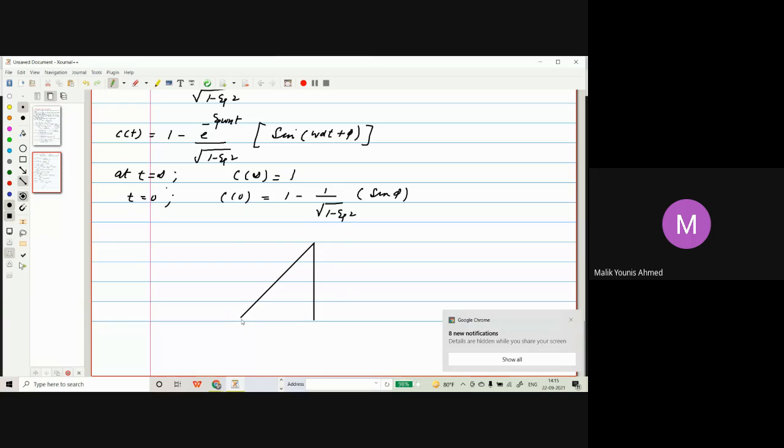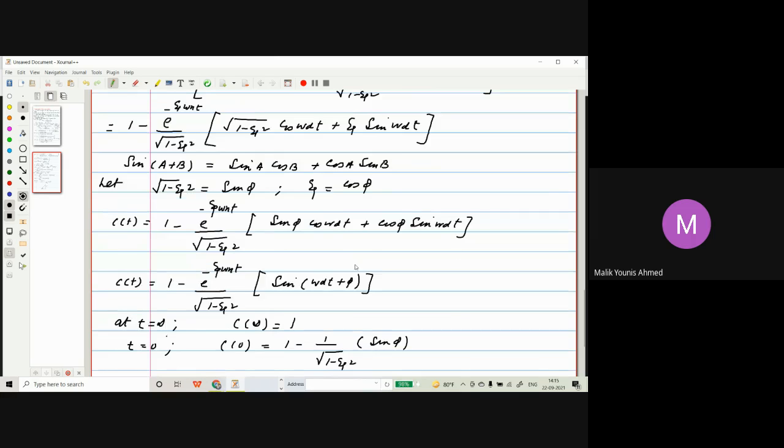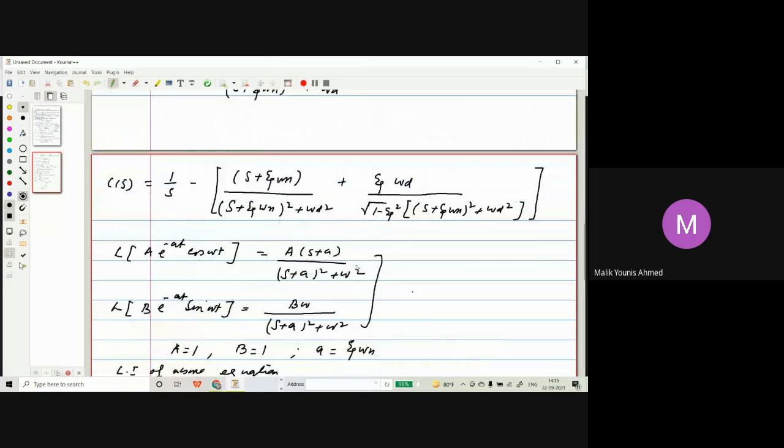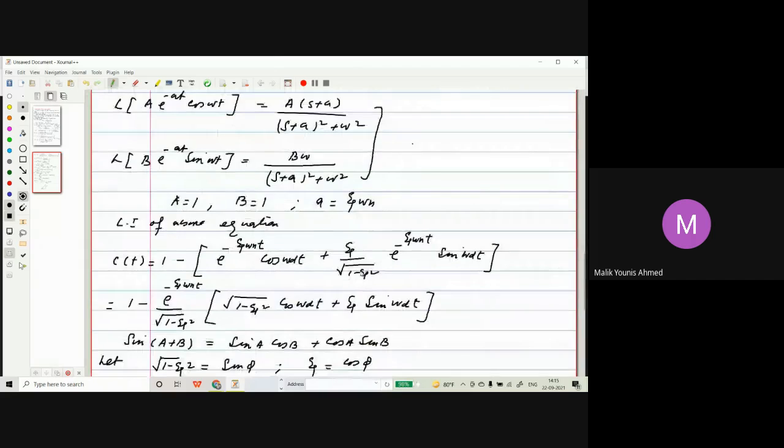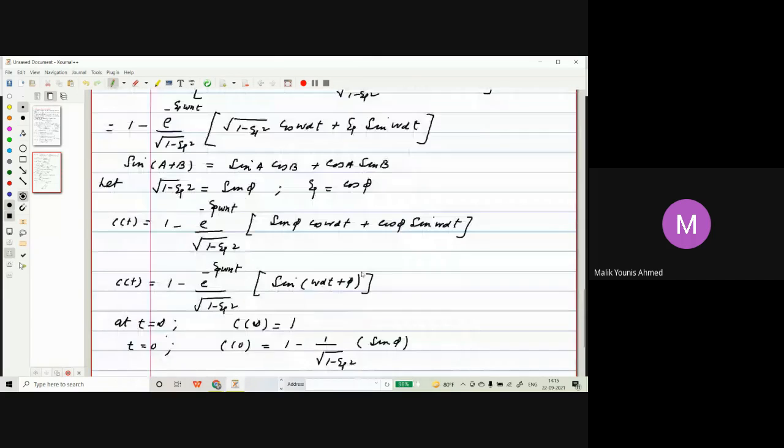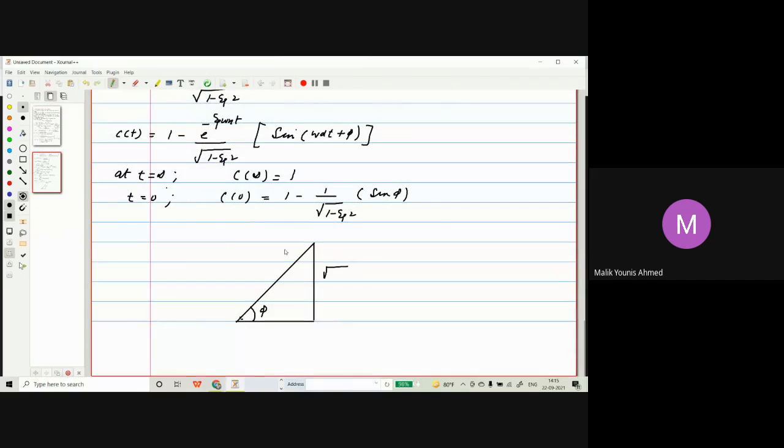Okay, this is a damping ratio triangle. Let us say this is phi. We have just seen sine phi was equal to under root of 1 minus xi square. So sine is basically what?